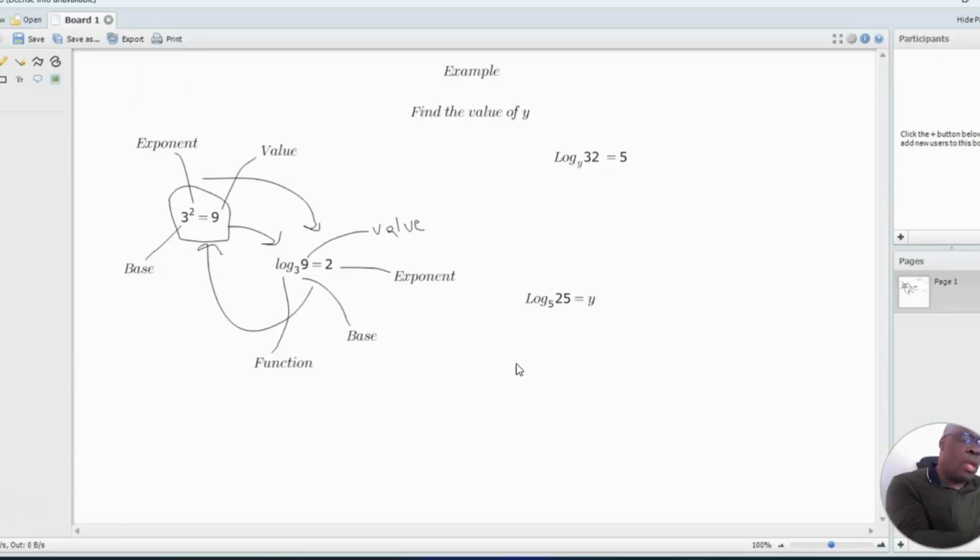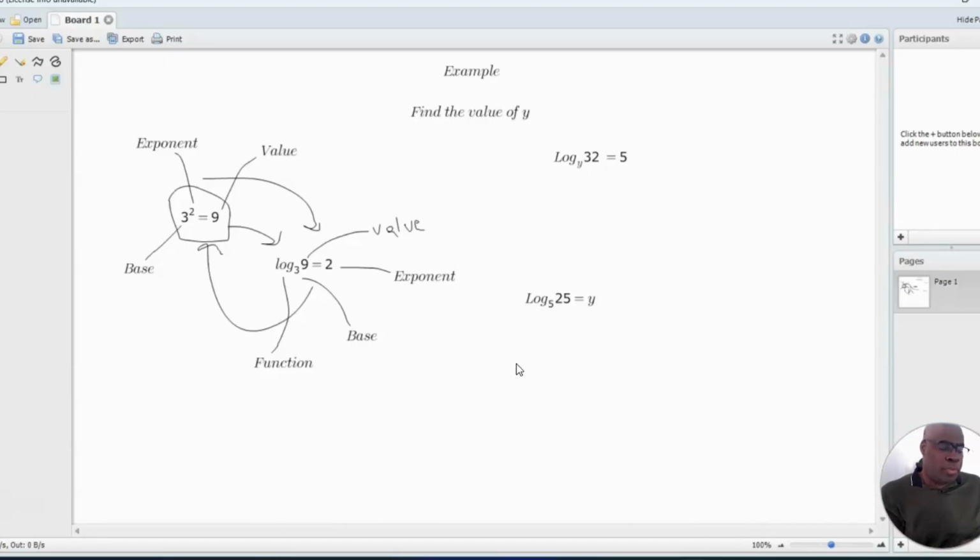Now, I'm going to take my scissors and cut it. See? So what I end up having now is two different logs: log 5 of 5, log 5 of 5.